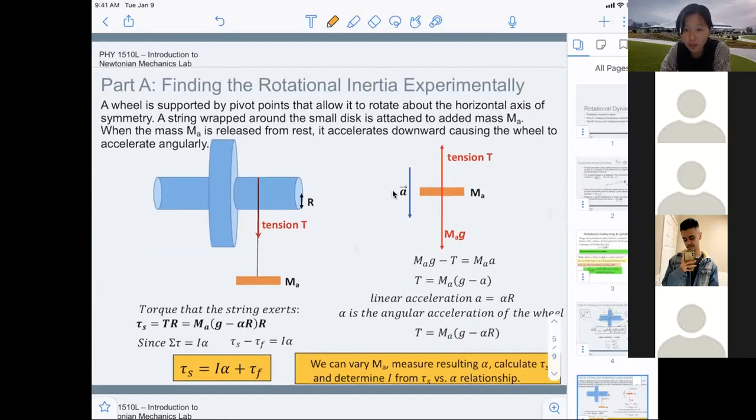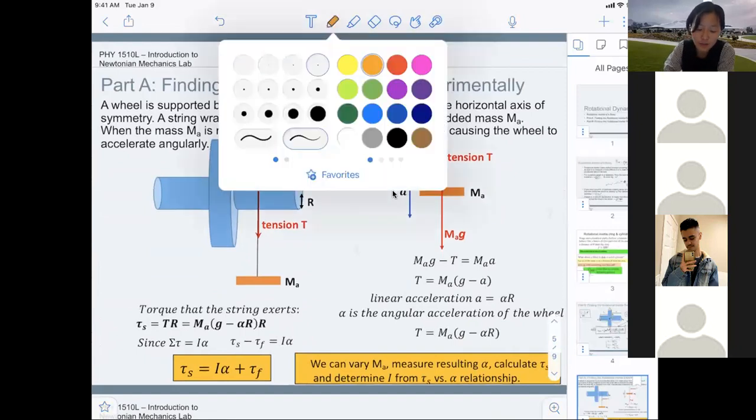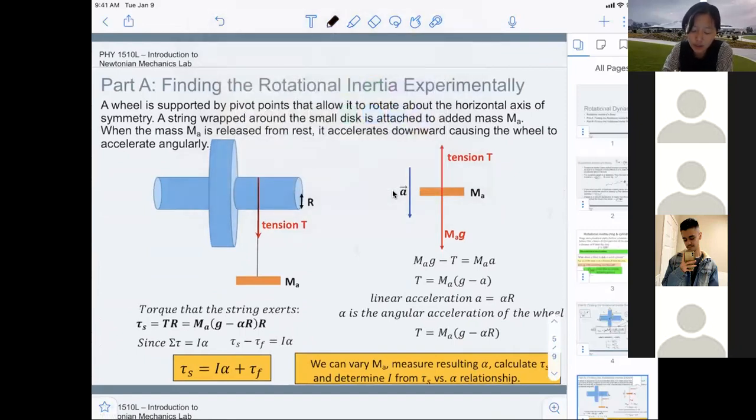So Newton's second law, I'm sure you're all very familiar with it, because to apply Newton's second law on an object, you simply say F equals ma, right? What we're doing in this lab is trying to make the wheel rotate by using a weight hanging down the string.